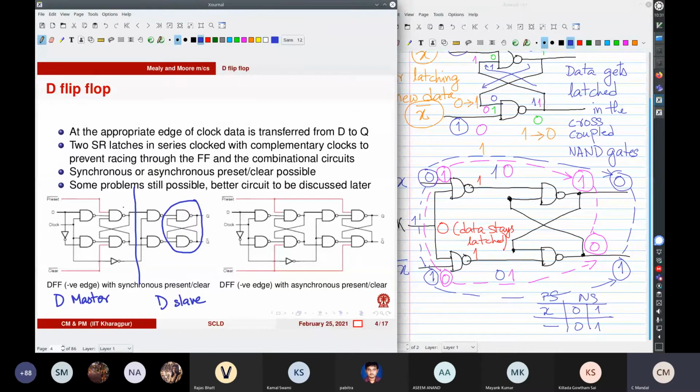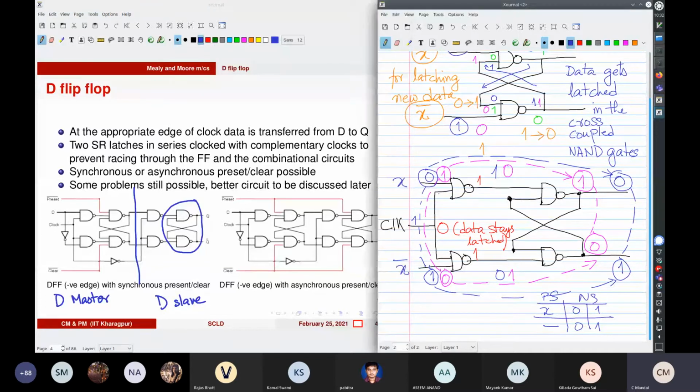So you have got 2 D units, and what happens is, as you can see, the transfer happens when the clock is 1.